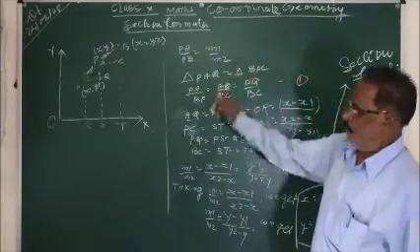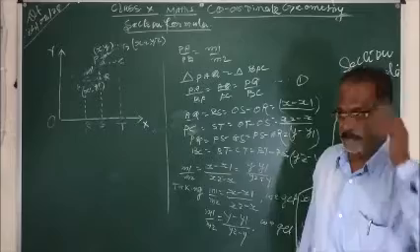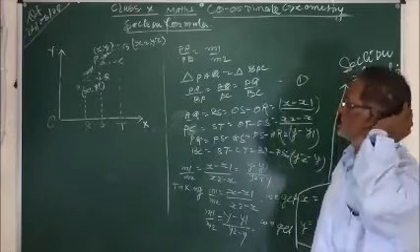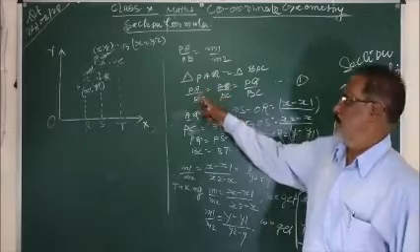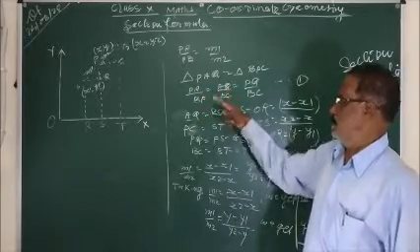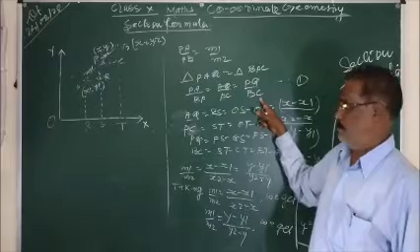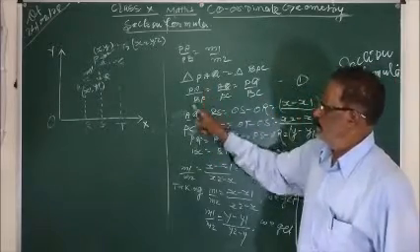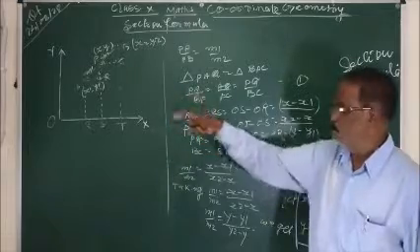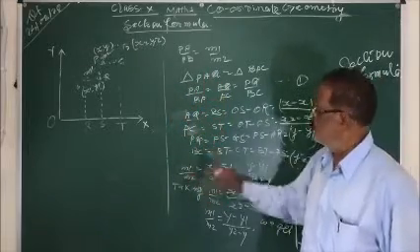And if triangles are similar, I have explained in the geometry chapter, corresponding sides are proportional. PA by BP, AQ by PC. Now you see, PA by BP, we suppose the ratio M1 by M2.